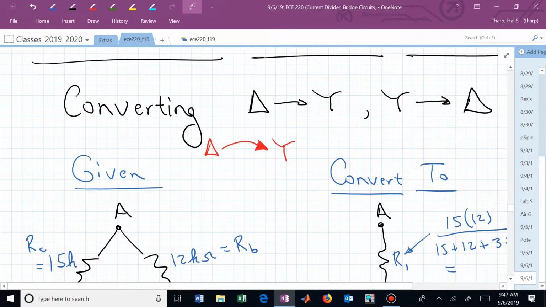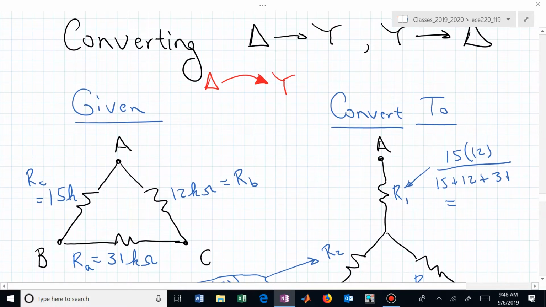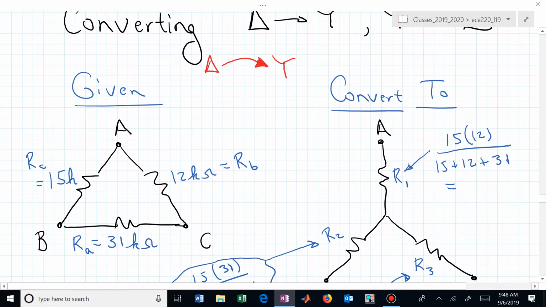Let's now talk about converting from delta to Y and how we might do that. Now we're going to convert in this first example from a delta to a Y. And the idea is the impedance presented, or the resistance that appears between nodes A and B, should be the same in both configurations, the delta or the Y. Likewise, the resistance between A and C needs to look the same, and the resistance between B and C needs to be the same.